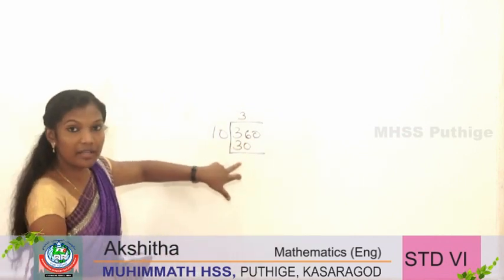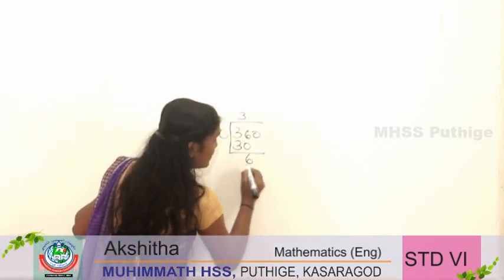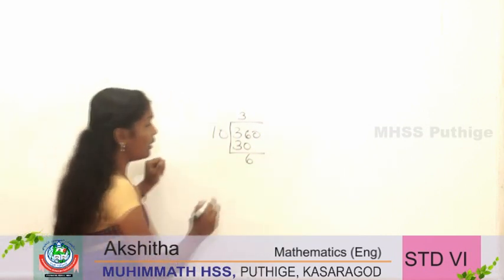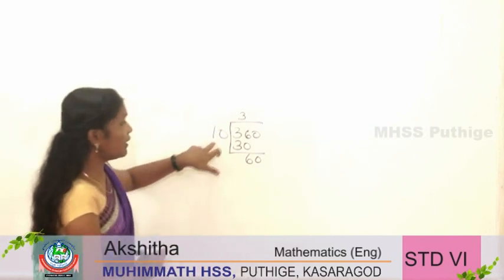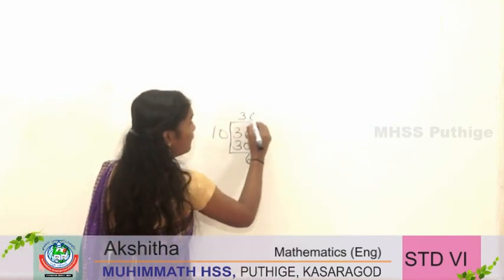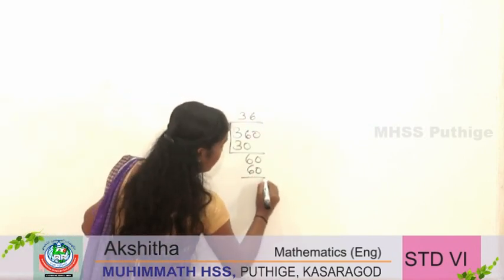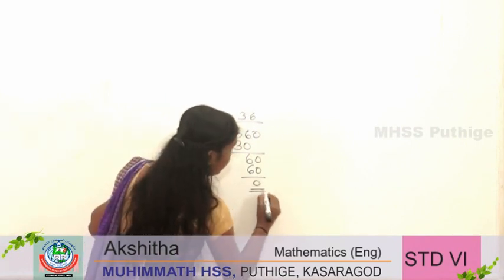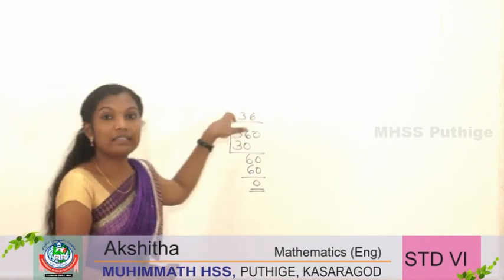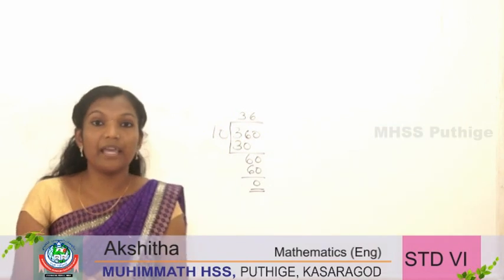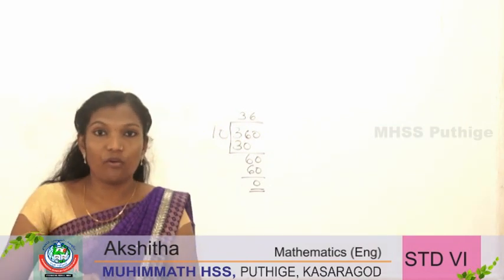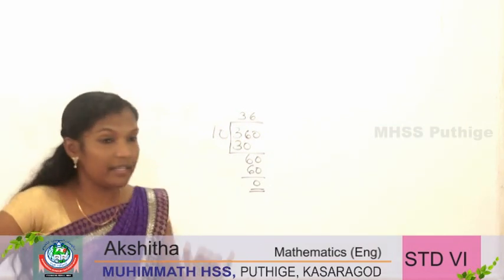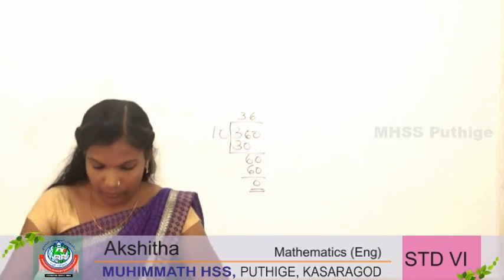Here 36 minus 30 is 6. So we should put this 0 here. So 10 6 times 60. So answer 36. So we can make 10 equal parts of 10 degree each.